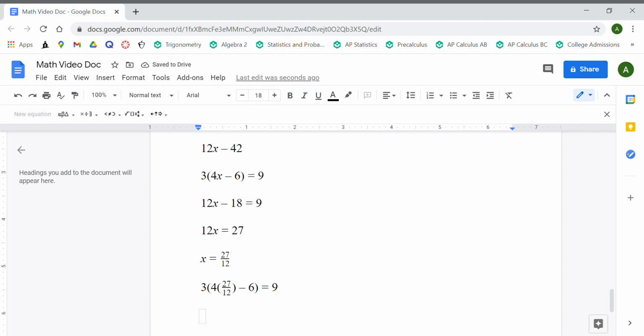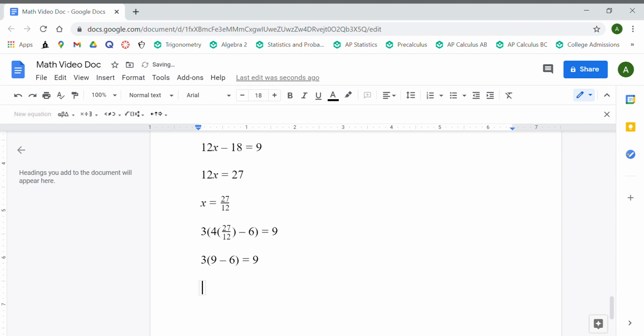I always like to simplify the parentheses first. So we are going to take 4 times 27. If I'm correct, it's going to be 108. Divide that by 12, you should get 9. And then you take minus 6, which equals 9.